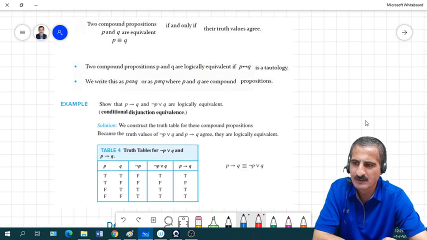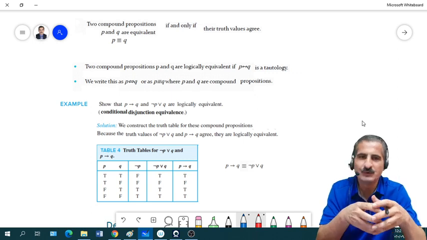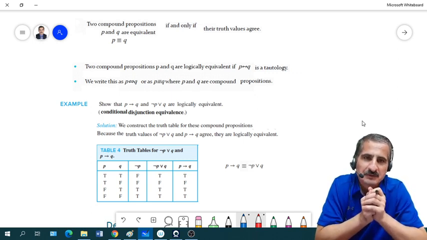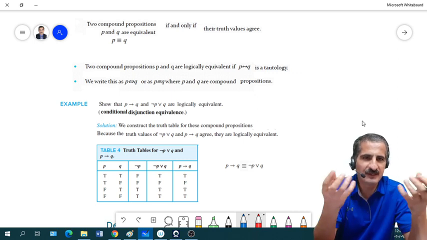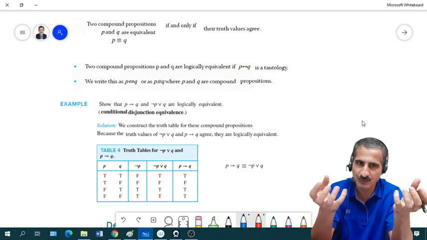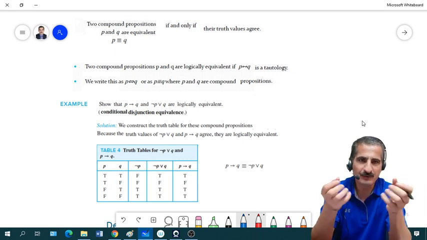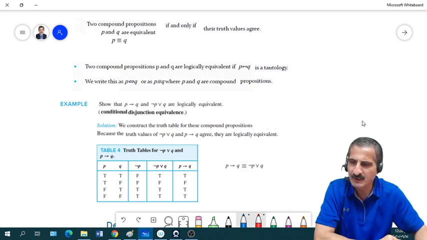Okay, now we will learn what it means for two propositions to be logically equivalent. Simply, they are logically equivalent if they agree on the truth values, if both are true or both false. Now, this is the compound proposition here.